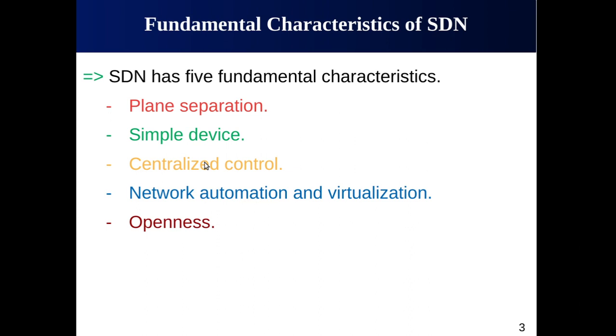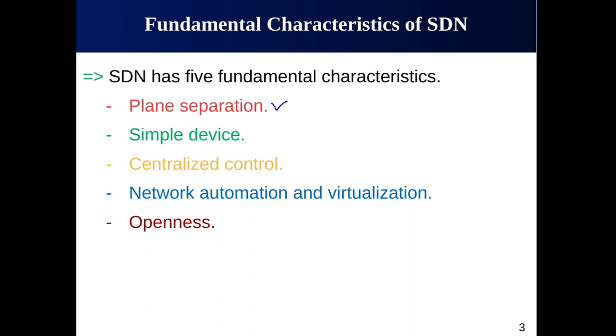The first fundamental characteristic of the SDN is known as plane separation: separation of the forwarding and control planes. Forwarding functionality includes the logic and the tables for choosing how to deal with the incoming packets, which are going to be based on, for example, MAC addresses, IP addresses or virtual LAN IDs, and these things reside in the forwarding plane.